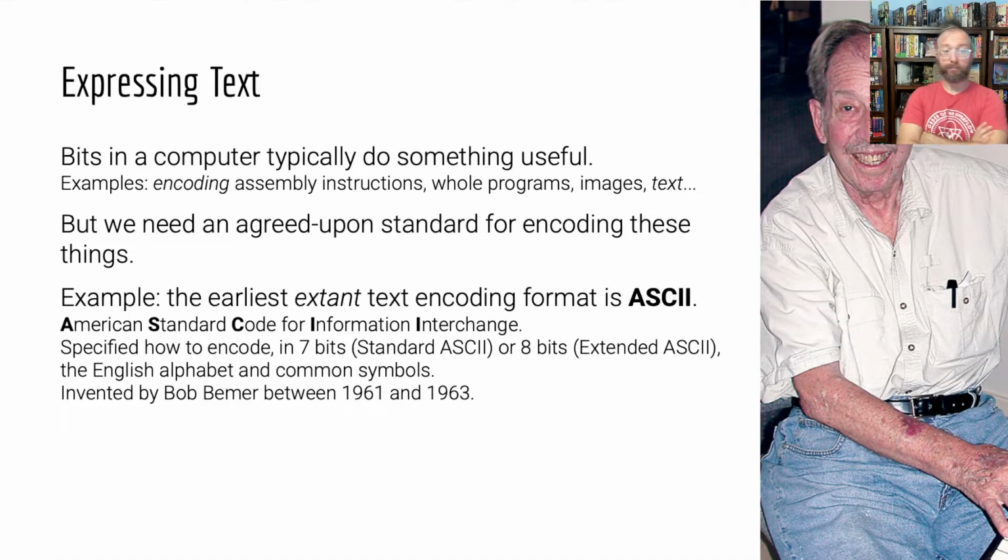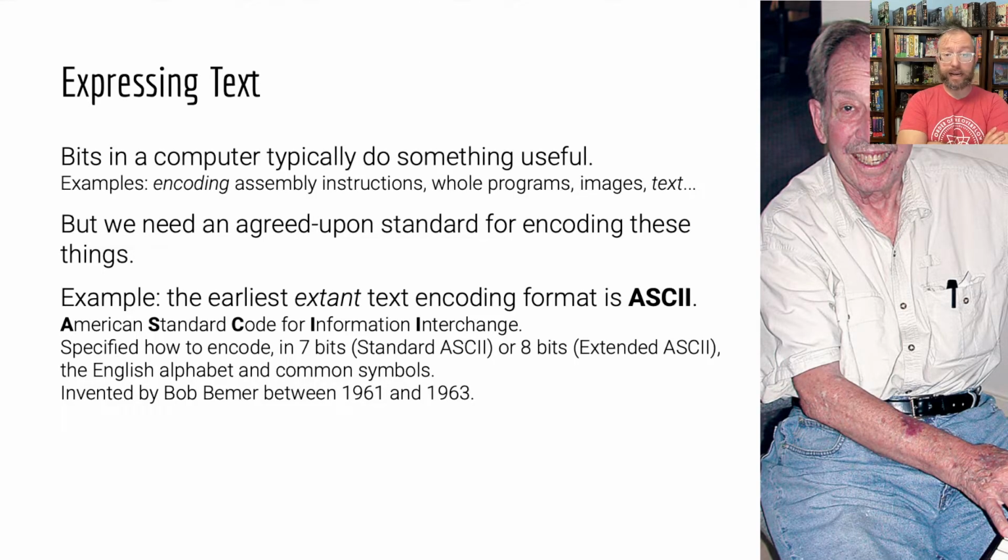It is the American Standard Code for Information Interchange, and it defined 7 bits at a time for standard ASCII, and then 8 bits at a time for extended ASCII, what binary values would represent any given letter in the Latin alphabet, plus numbers, plus common special characters, basically everything you see on your keyboard, if you've got an American keyboard.